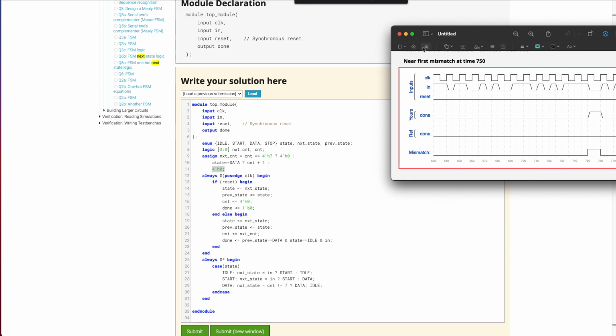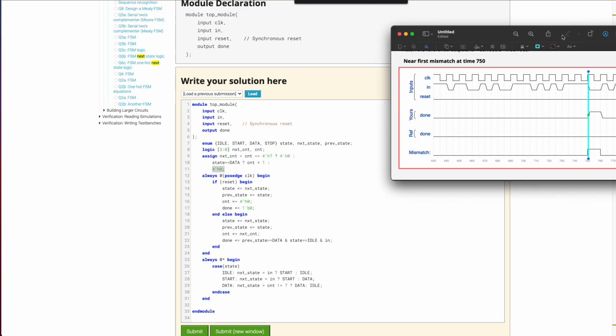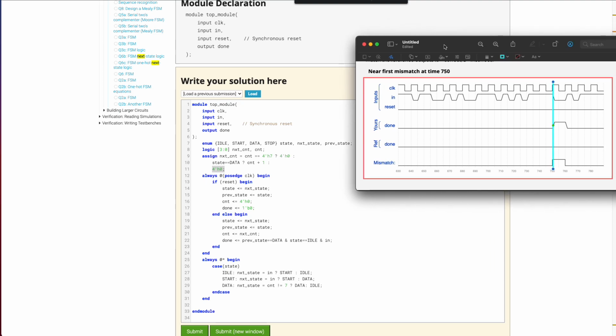So, sorry, previous state was data. And if previous state was data, that means the count here was 7. If it's not 7, it stays in idle. If it is 7, it goes to idle.